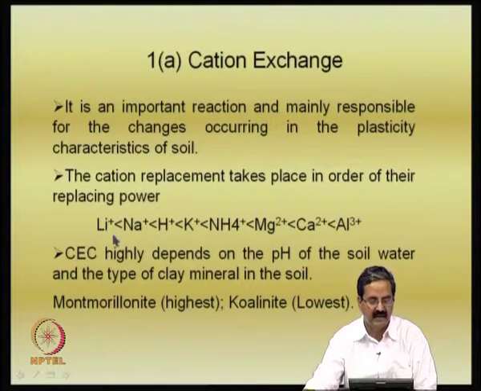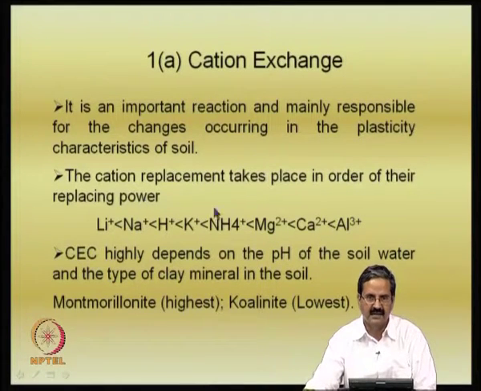These are all single valence ions, and a higher valency ion replaces the lower valency ions. These three are all monovalent, and if you have divalent ions, there is a possibility that they get replaced by higher valency ions. If you have aluminum, it definitely replaces calcium. It is also a function of the ionic radius as well.